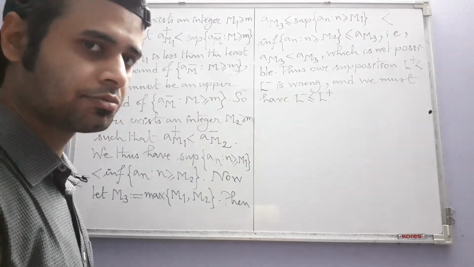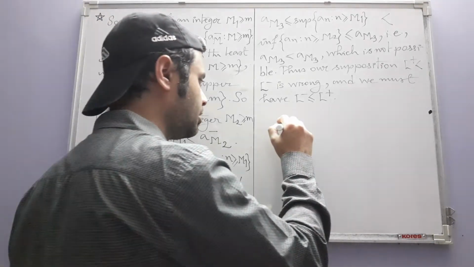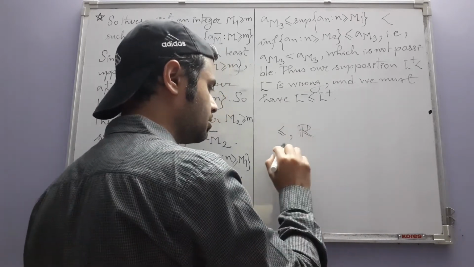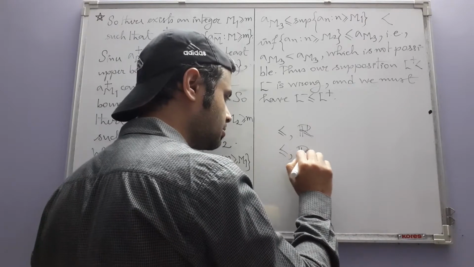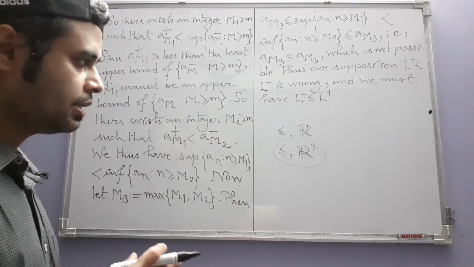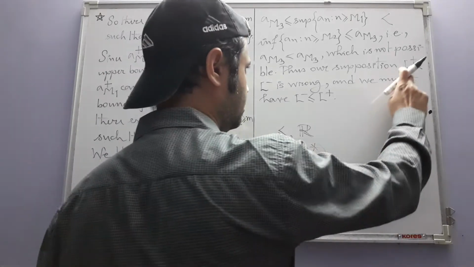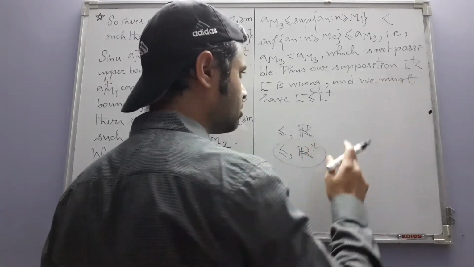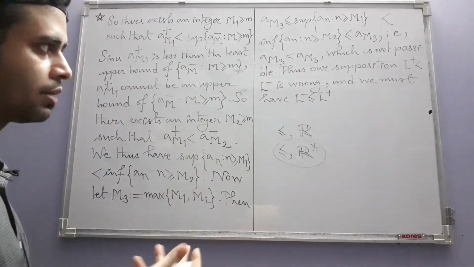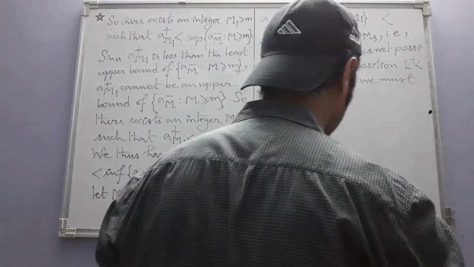Yes, we are justified, because just like the ordinary order relation on the system of real numbers, the extended order relation on the system of extended reals also satisfies trichotomy. That's why for two extended real numbers L plus and L minus, if this is not true, then one of the other two things must be true. So that's how we are getting this, and this is part C.